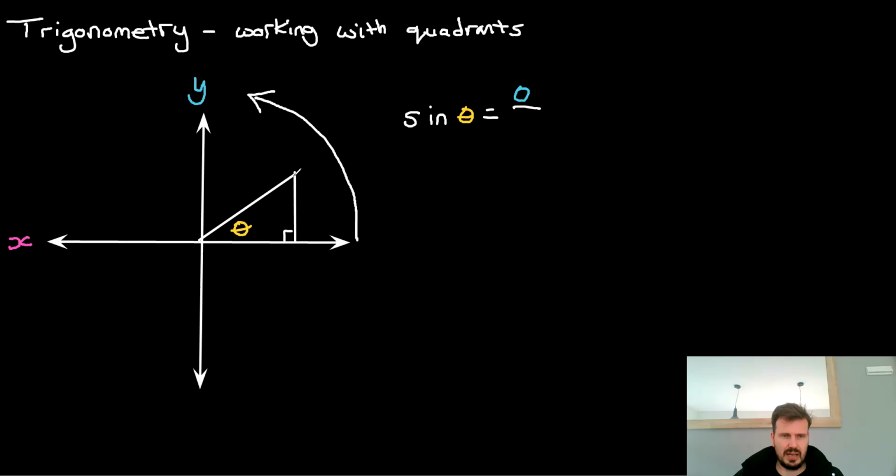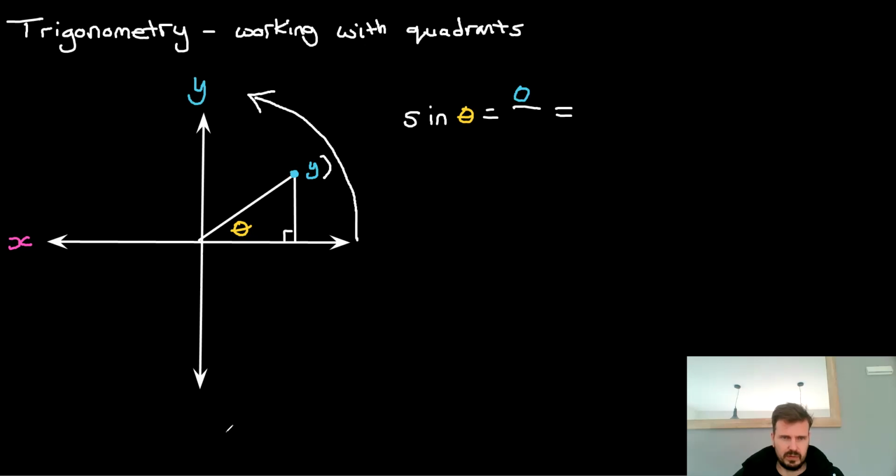This is like your y-axis here. If you were to put a coordinate over here, this would be your y-coordinate. And your adjacent coordinate would be your x.